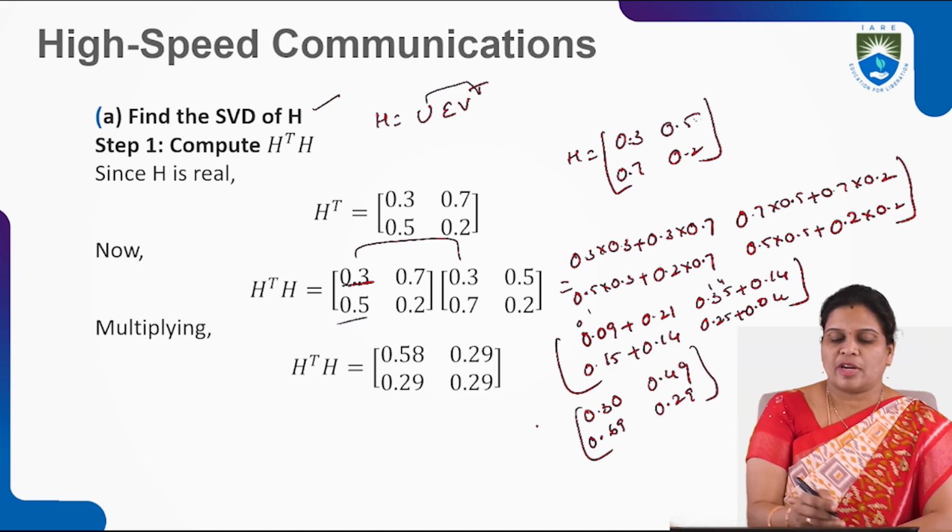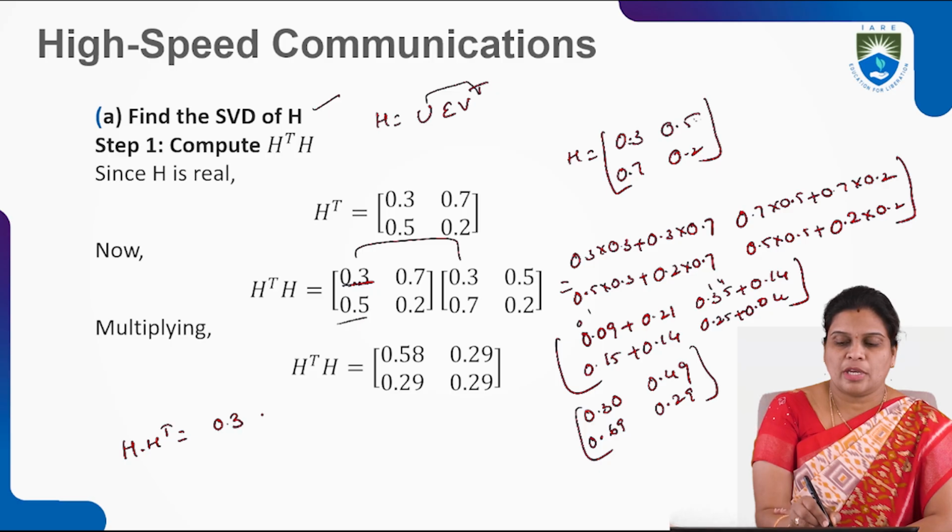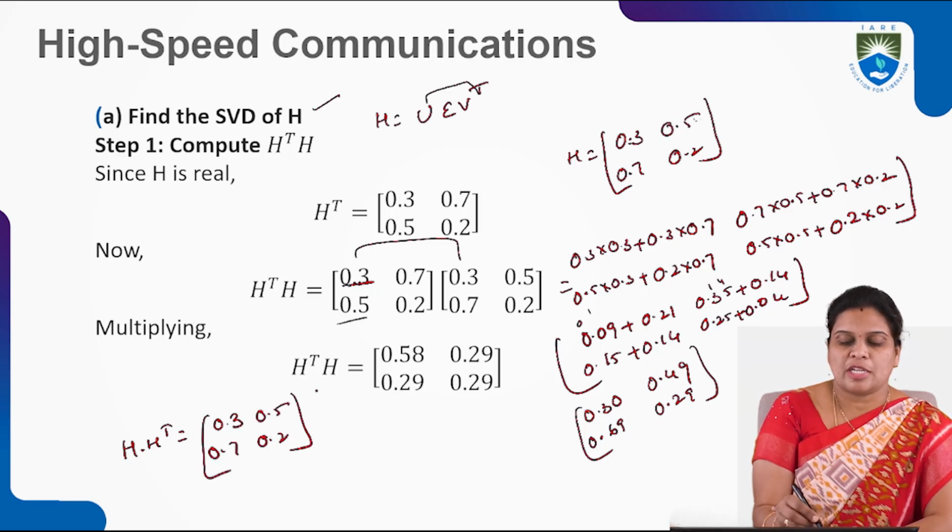For example, if you take H into H transpose, H is 0.3, 0.5, 0.7 and 0.2, and the transpose is 0.3, 0.7, 0.5 and 0.2.